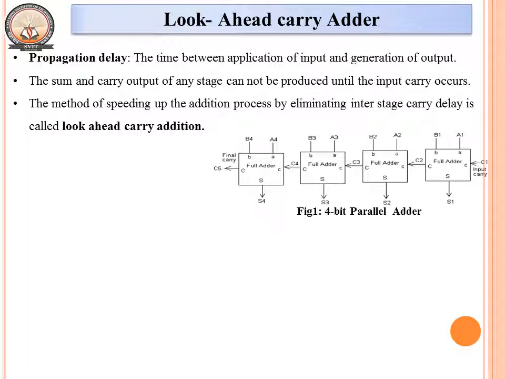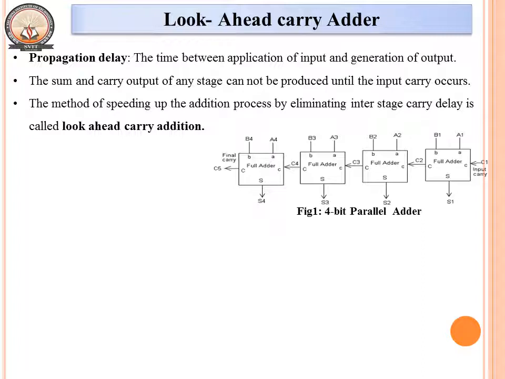The main issue we have here is that the carry is propagating from C1 to C5. Assuming a single full adder takes 10 nanoseconds to generate the carry that is added to the next stage, we need 40 nanoseconds to complete this addition operation.